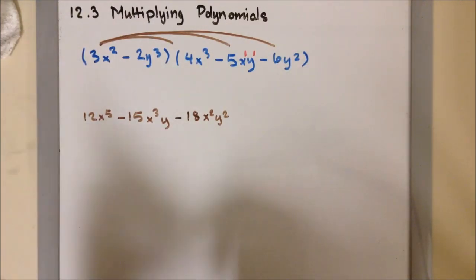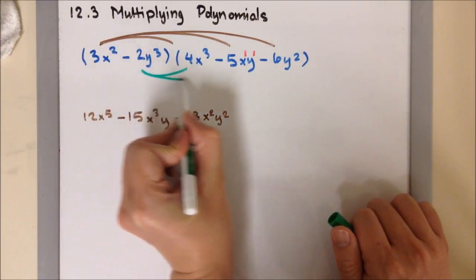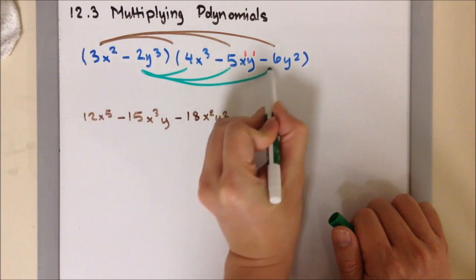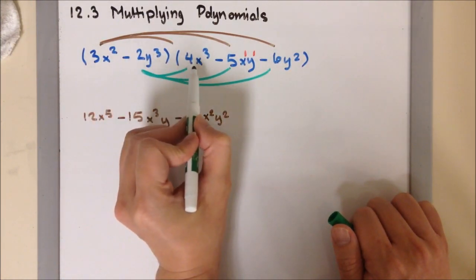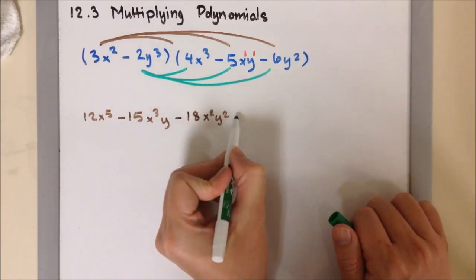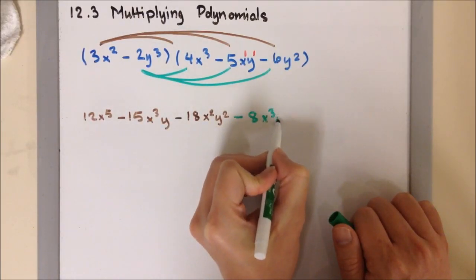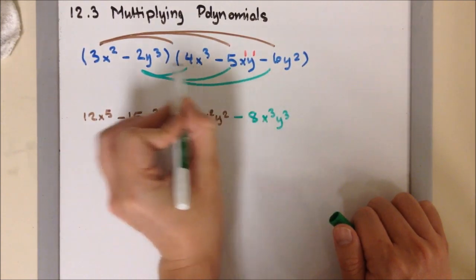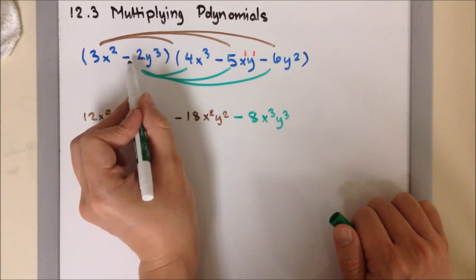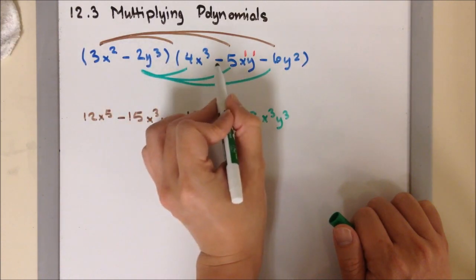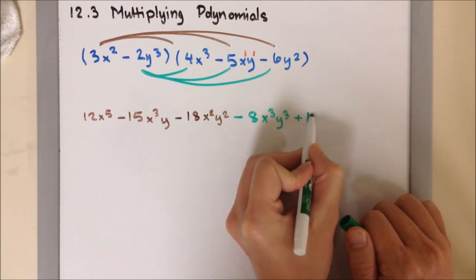Afterwards, we're going to do the second half of FOIL. So negative 2y to the third times 4x to the third, that would be negative 8x to the third y to the third. Since there's no corresponding variables, we're just going to put them next to each other. Negative 2y to the third times negative 5xy, so it's going to be plus 10.